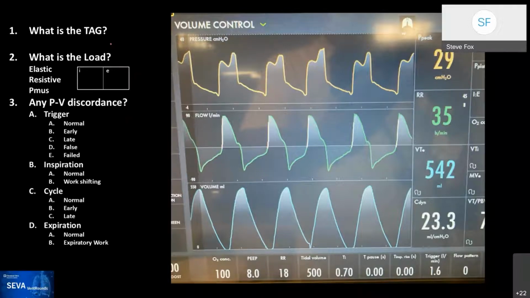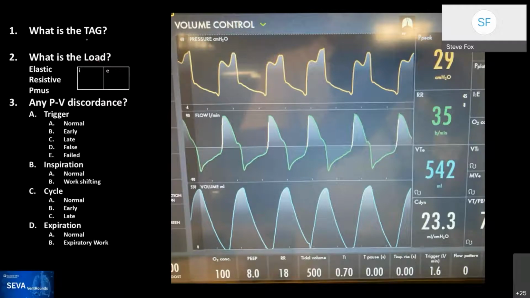Well, so all the breaths are patient triggered, and I think they're probably all ventilator cycled, which I can tell because it says volume control at the top and there's an I time set. Otherwise, I might have to struggle a little bit more. So that makes it VC-CMVS.